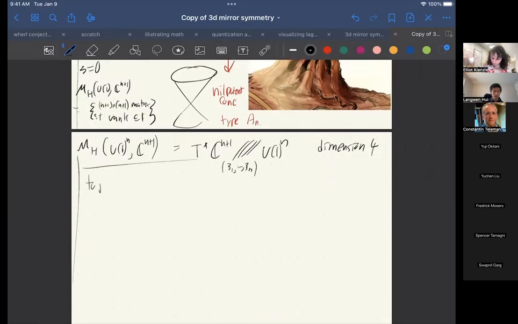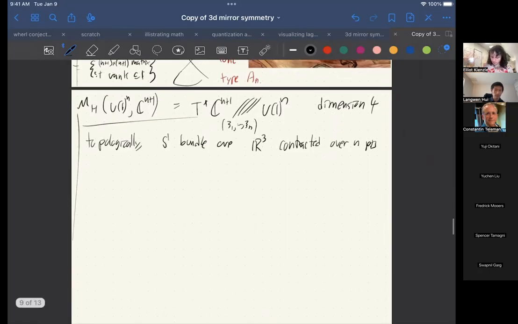And the result is going to be, topologically, an S1 bundle over R3 contracted over n points. Let me draw a little picture. We have our R3 here, and on top of that we have our S1 bundle, but at some points the circle fiber will contract to a single point.